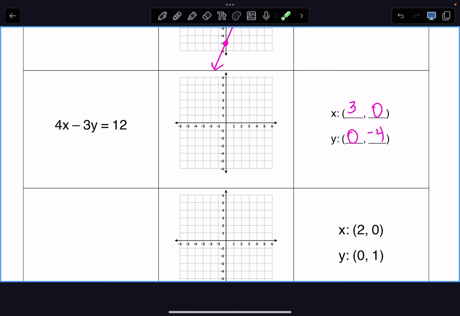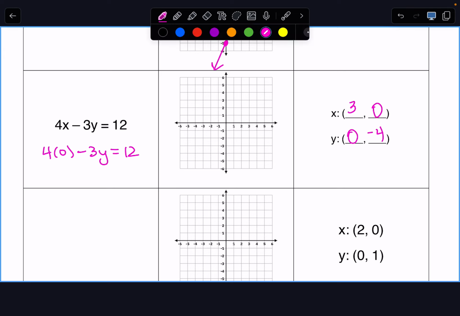So when we take 4 times 0, that cancels out. It disappears, because 4 times 0 is 0. And so now we have y equals -4.